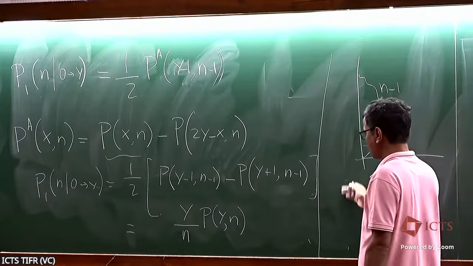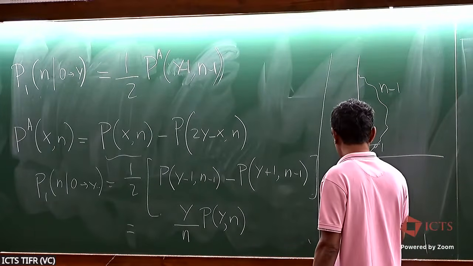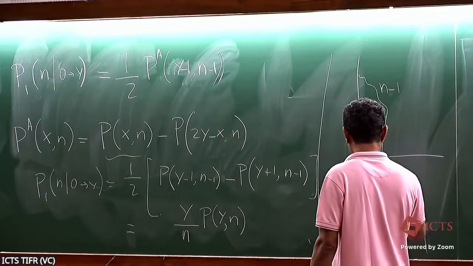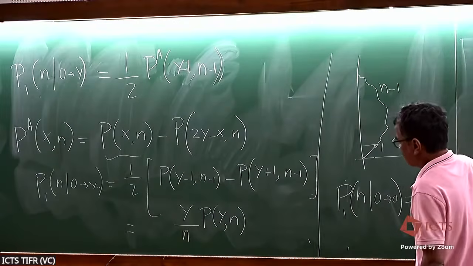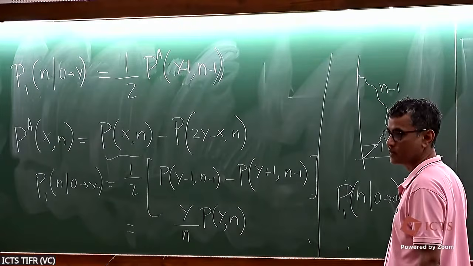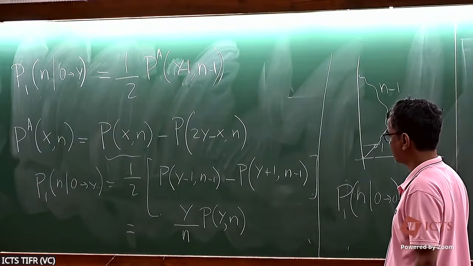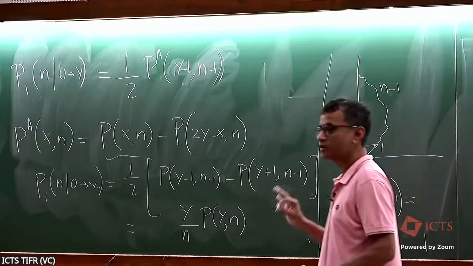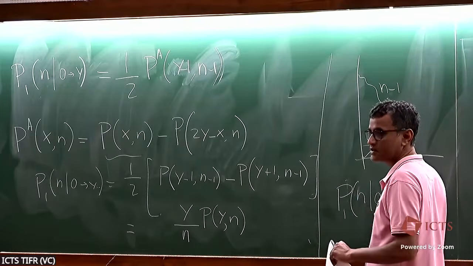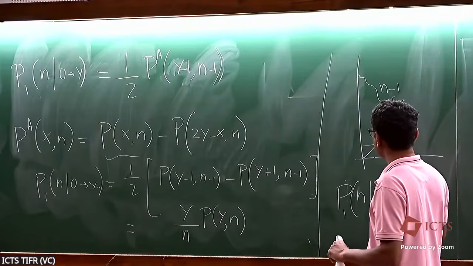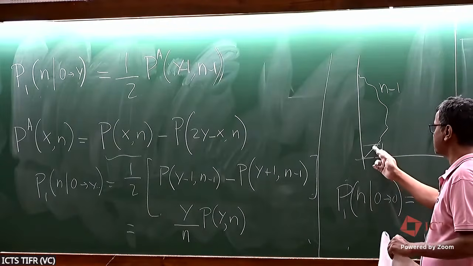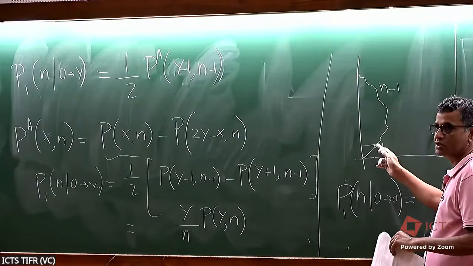Basically p1 n, 0 to 0, is... No, now I'm forgetting the boundary condition problem. I'm just asking, without any boundaries, what is the probability of first return at n steps, 0 to 0? I can frame it as, in the first step, supposing it goes here, this happens with probability half.